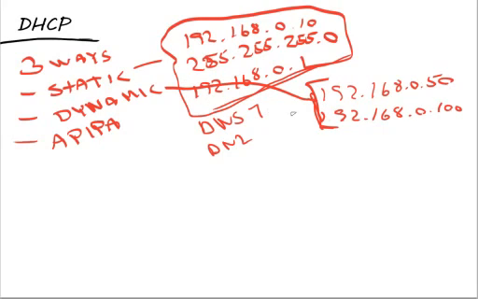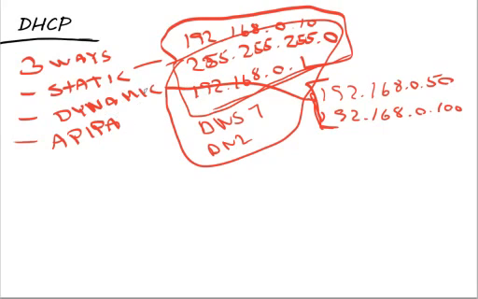So that's basically what happens, and they negotiate, and the computer gets an address, and the DHCP server will also send along other information: default gateway, DNS, and a full-blown DHCP server can even send time synchronization and all sorts of advanced stuff.